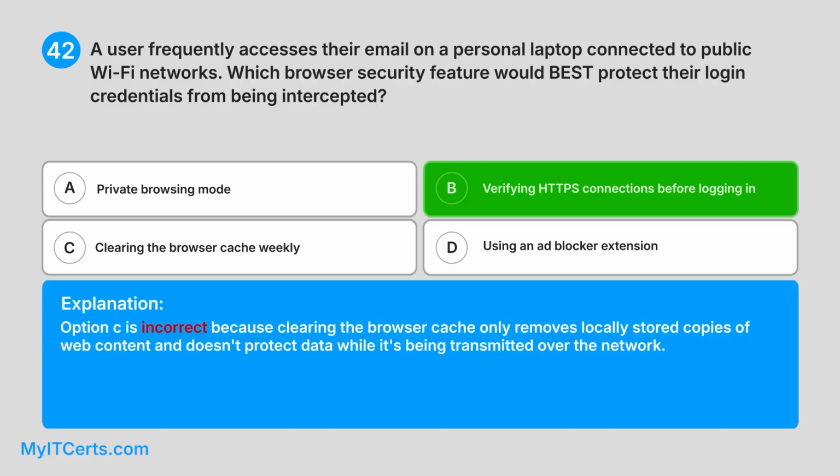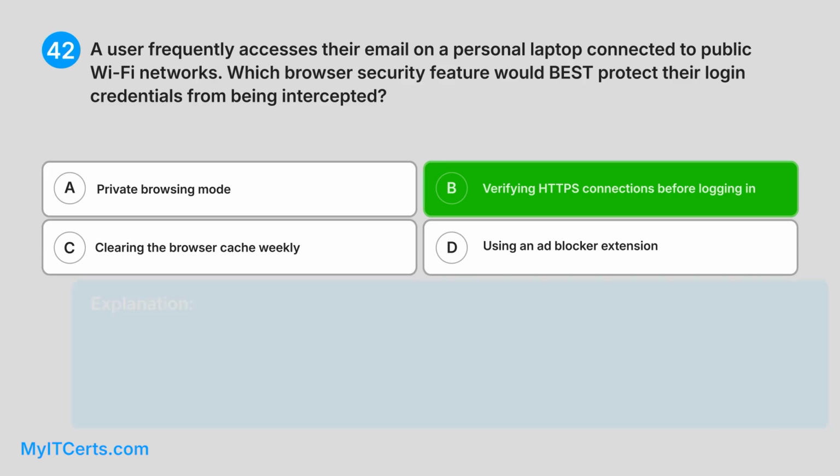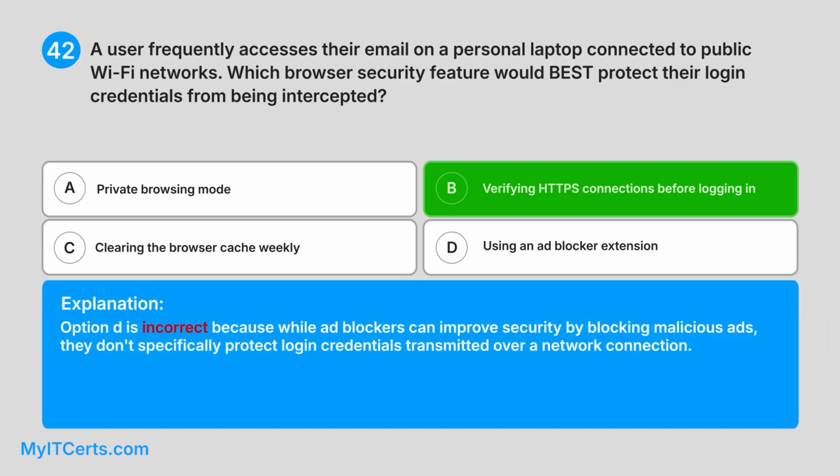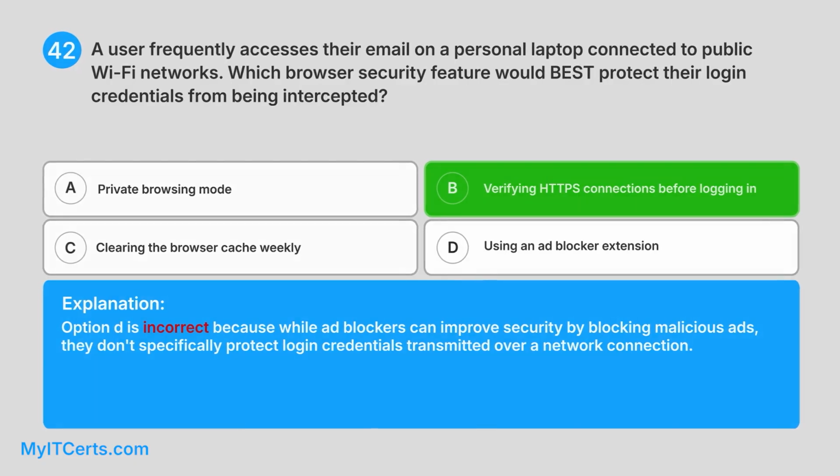Option C, clearing the browser cache weekly, is incorrect because clearing the browser cache only removes locally stored copies of web content and doesn't protect data while it's being transmitted over the network. Option D, using an ad blocker extension, is incorrect because while ad blockers can improve security by blocking malicious ads, they don't specifically protect login credentials transmitted over a network connection.